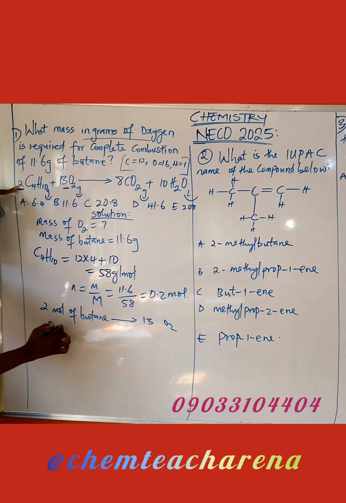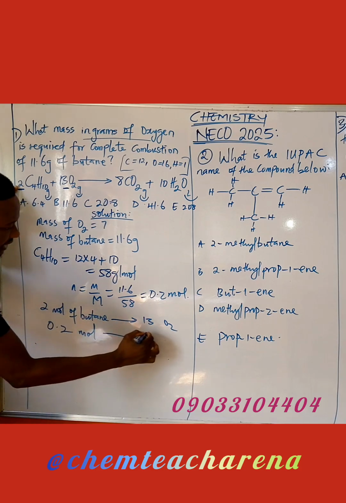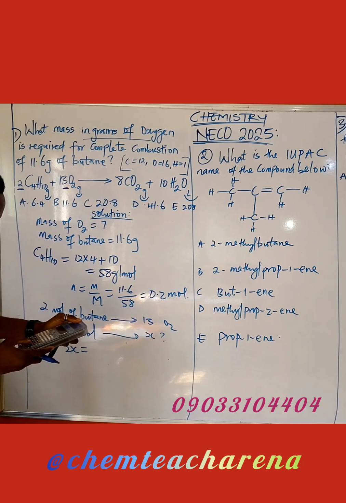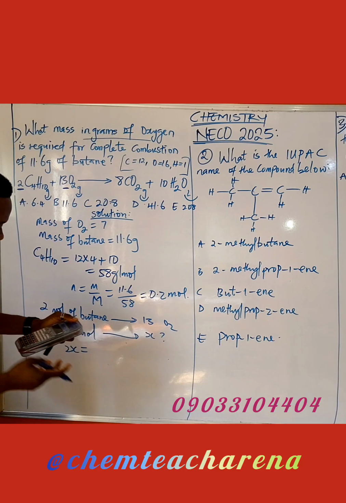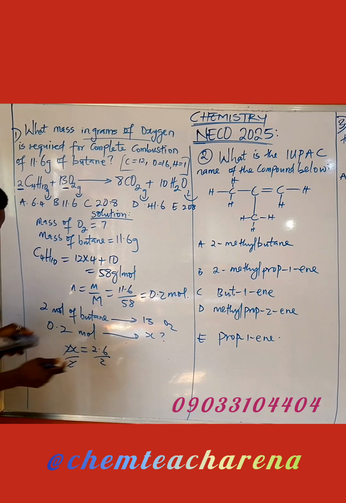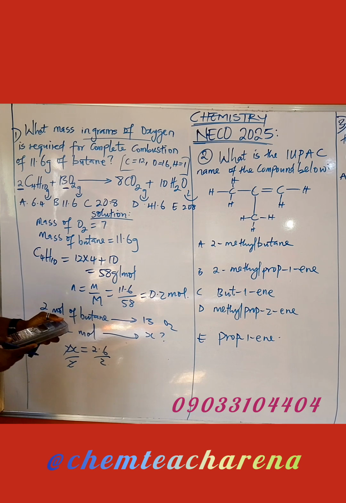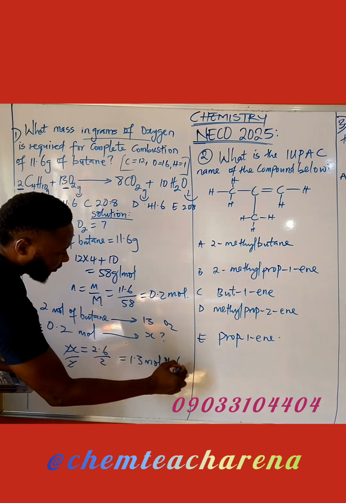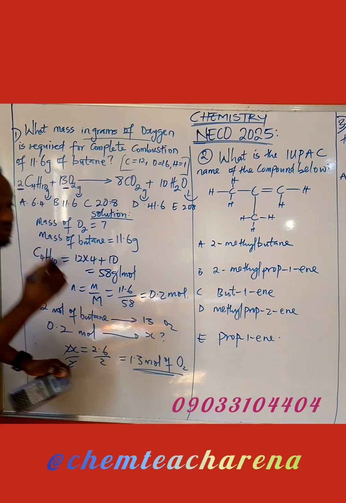So 0.2 mole of butane, the one I calculated, will give me x mole of oxygen. If you cross multiply, we have 2x equals 0.2 times 13, which is 2.6. Divide both sides by 2, and we have 1.3 mole of oxygen. So I've gotten the mole of oxygen.